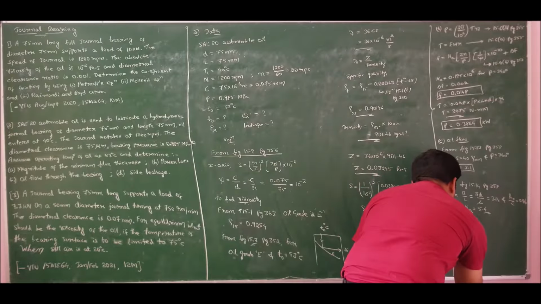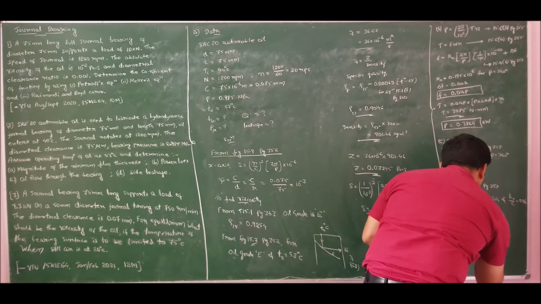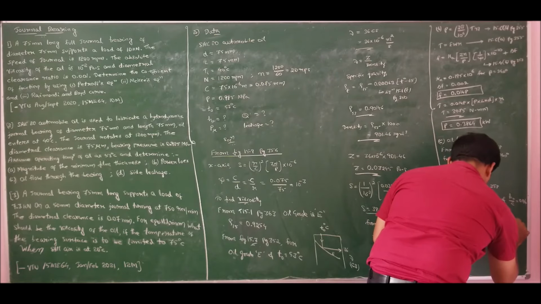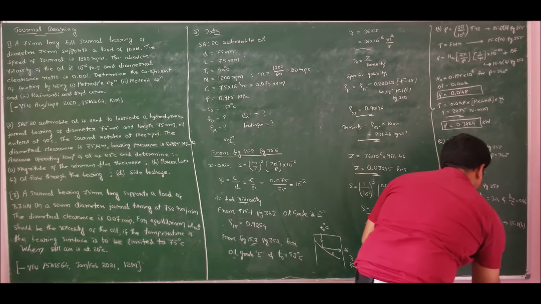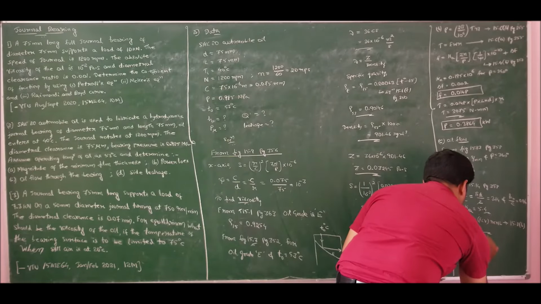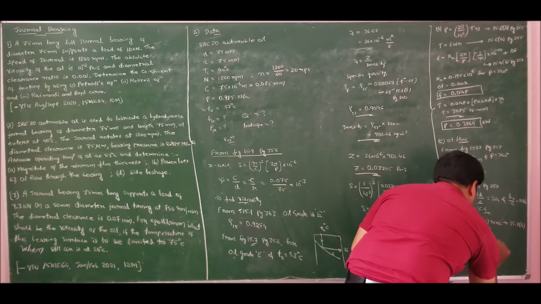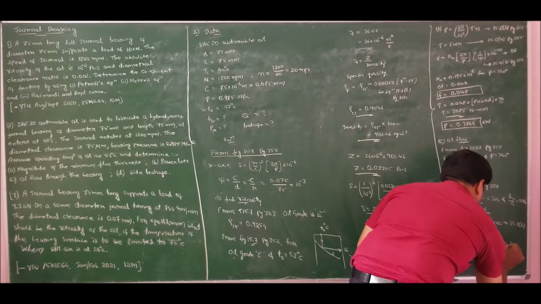So Q without leakage is equal to flow variable times RCNL. This is equation 15.8b. Find the value. Flow with leakage is FLB times RCNL into KQ.